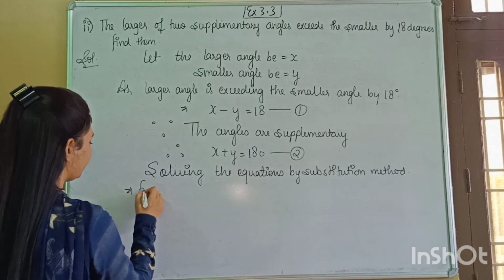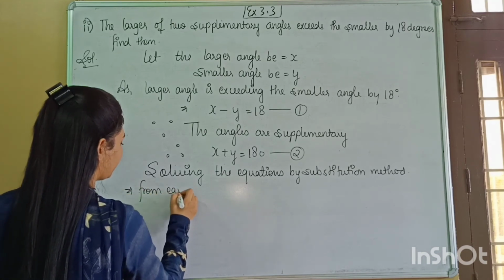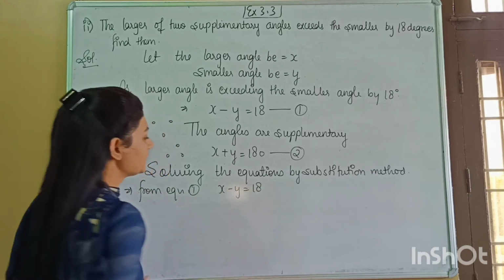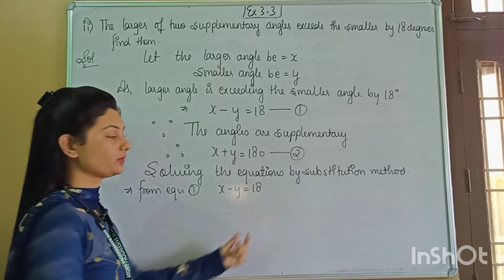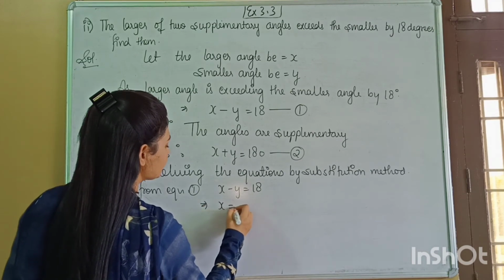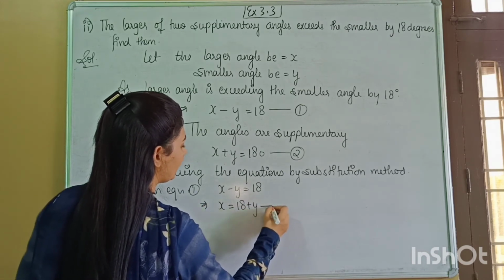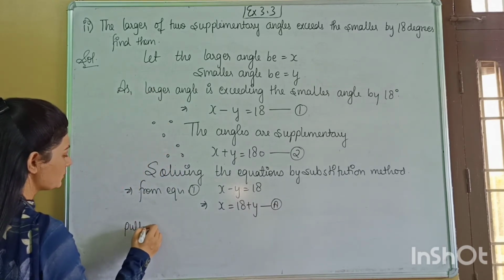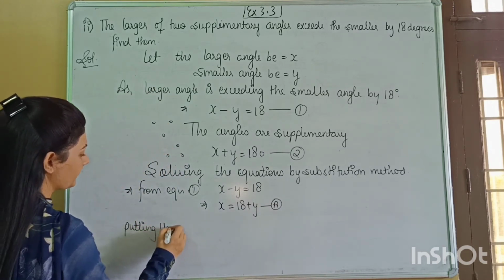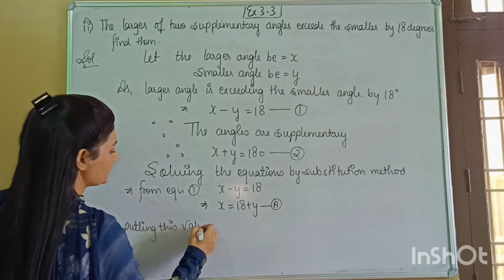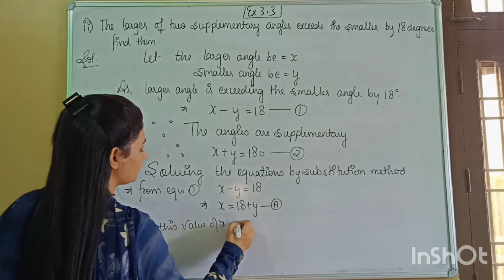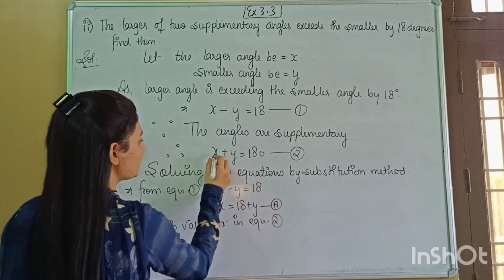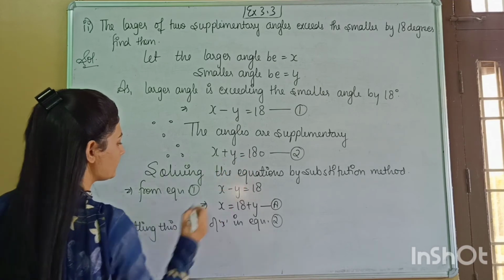So from equation 1, what we have got: x minus y is equal to 18. Now we will take this minus y to the RHS and it will become x is equal to 18 plus y, and we will name it as equation A. Now putting this value of x in equation 2, equation 2 is x plus y is equal to 180.